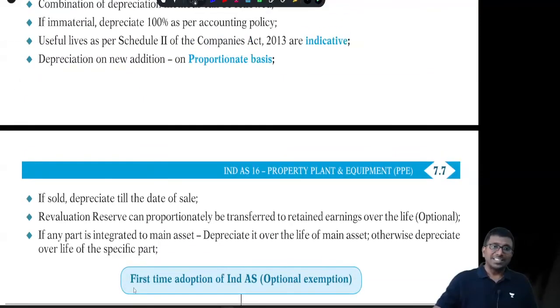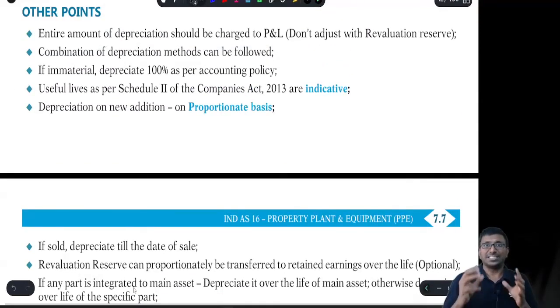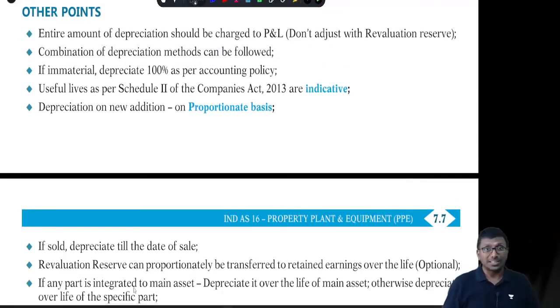Next, if it is an integral part of an asset, what did I say? See, there is a big machine and a small machine, both working together. This life is 10 years, this life is 12 years. Now, how do you depreciate the small one? First, we should ask whether the small one is integral. Integral in the sense that it will work along with the big one, and once the big machine's life is over, this also has to die.